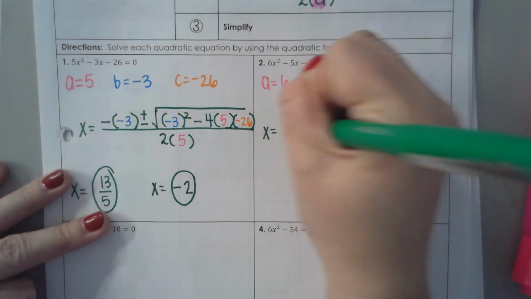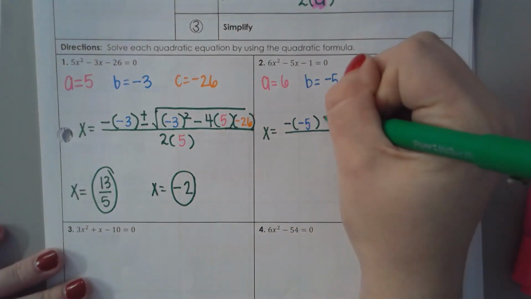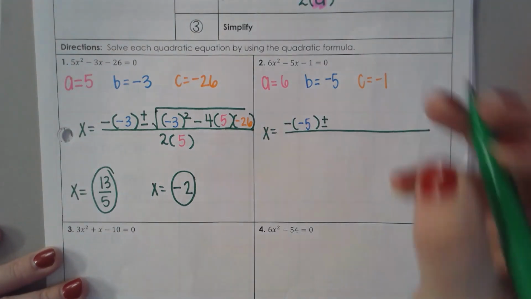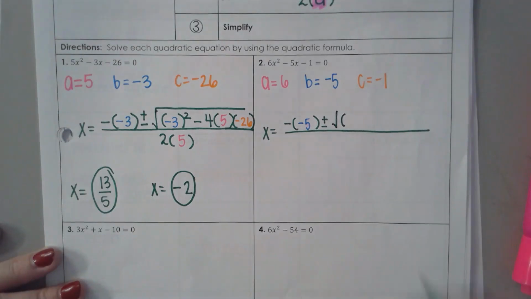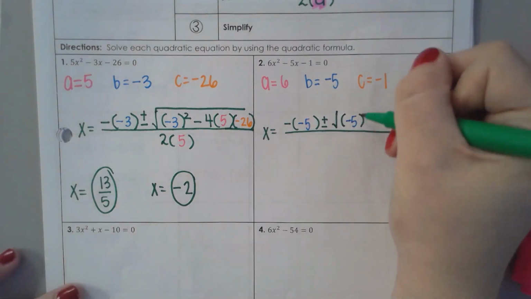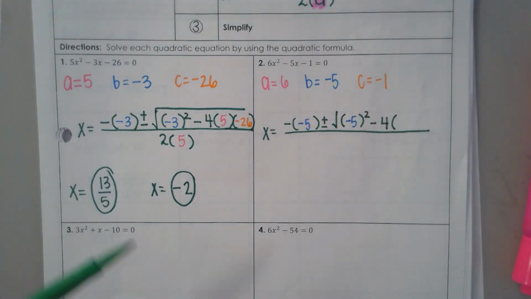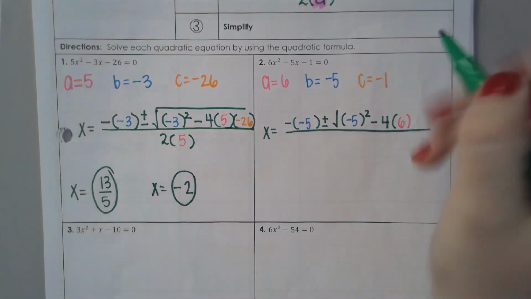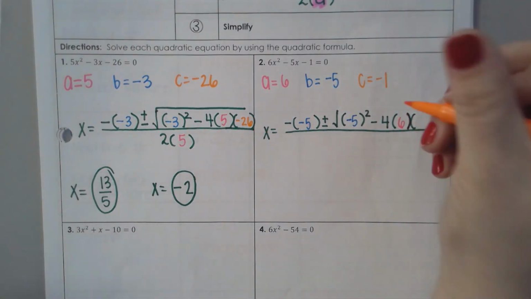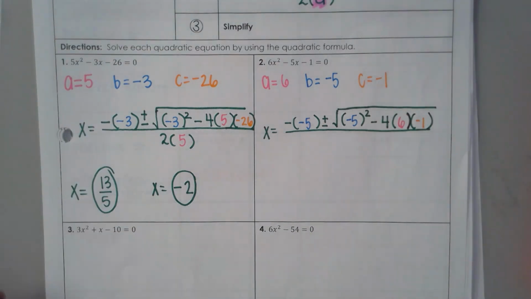So we have negative, and then in parentheses we have negative 5 plus or minus the square root of my b, which is negative 5, and then squared, minus 4, and then my a is 6, and my c is negative 1. And then 2 times the A, which is 6.